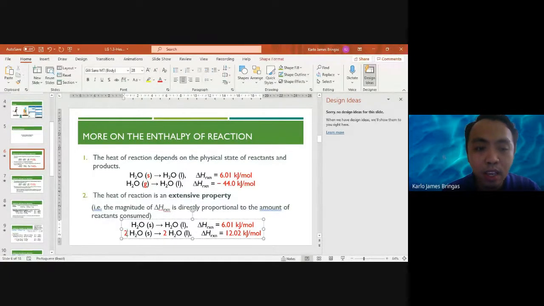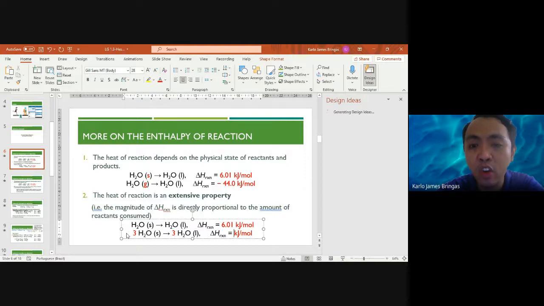We can still apply the same logic, multiplying both sides of the equation by, let's say, 3. So delta H reaction will also change. Can you guess for me, what is the new value of delta H reaction if we multiply both sides of the thermochemical equation by 3?